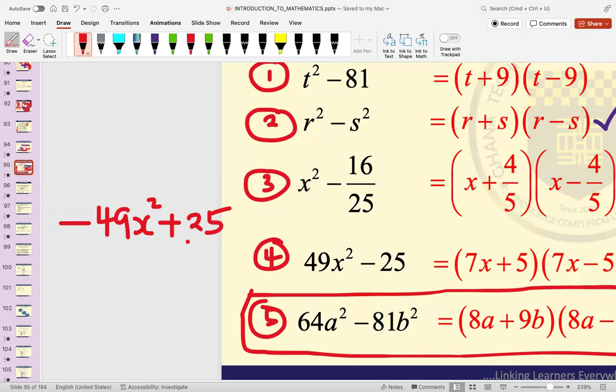So when you are rearranging, you write the 25 first, then bring the negative 49. Then you can proceed with what we did today. So sometimes they can bring the negative out first before the positive. It's possible.